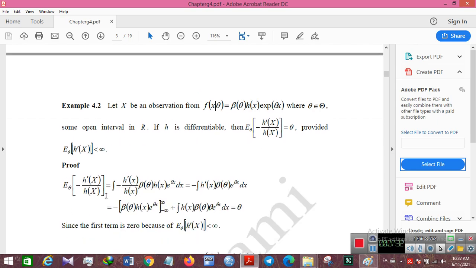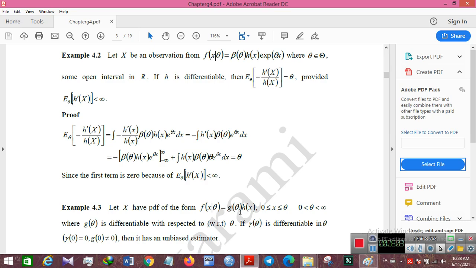The proof is very simple. We can calculate these estimators. You can find here, and by definition it has this form, and by integration by parts of h prime(x) you can have that one, which is equal to this one, which is equal to 0. So in the exponential family we can find the unbiased estimator of theta.